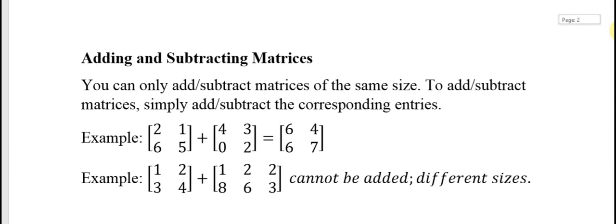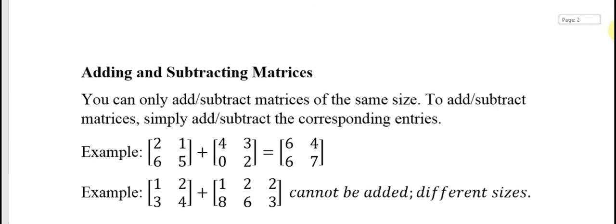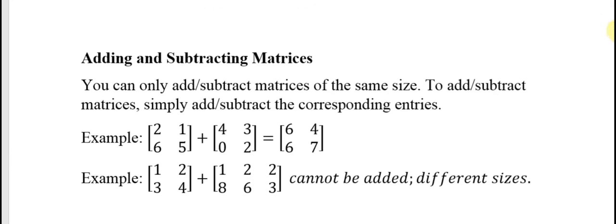And we talk about adding and subtracting matrices. You can only add or subtract matrices, one, if they have the same size, right? So that's first and foremost. They got to have the same size, and then to add or subtract, you are only adding or subtracting the corresponding entries.